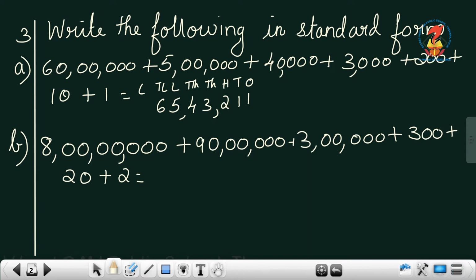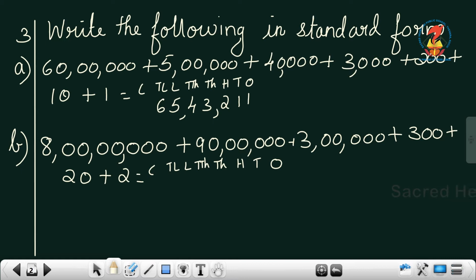Okay children, so as before, first you will put ones, tens, hundreds, thousands, 10,000s, lakh, 10 lakh, crore.